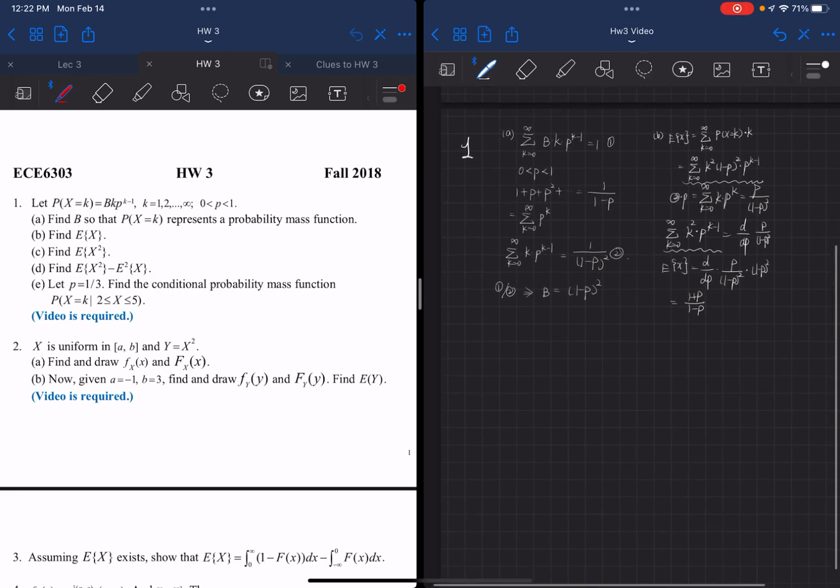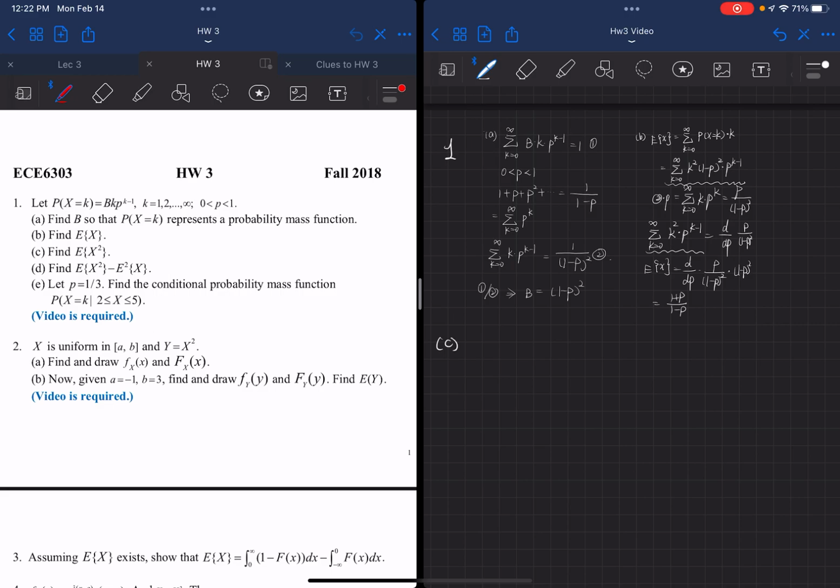And for problem C, we would like to calculate the expected value of X to the power of 2. By plugging in the formula, we get that this equals the summation from k equals 0 to infinity of k to the power of 3 times 1 minus p to the power of 2 times p to the power of k minus 1.